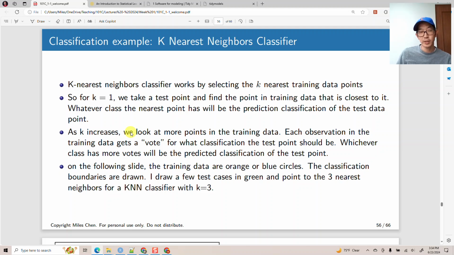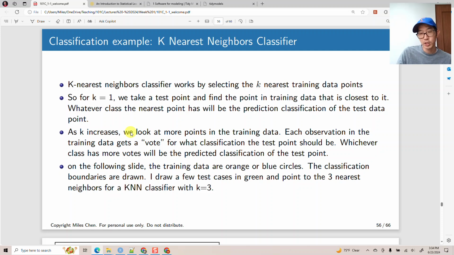That's k equal to 1; you use the 1 closest observation. With k equal to 3, you look for the 3 nearest neighbors, the 3 closest observations. Each one of those observations gets a vote for what the classification should be, and whichever class has more votes is the predicted classification of the test point.